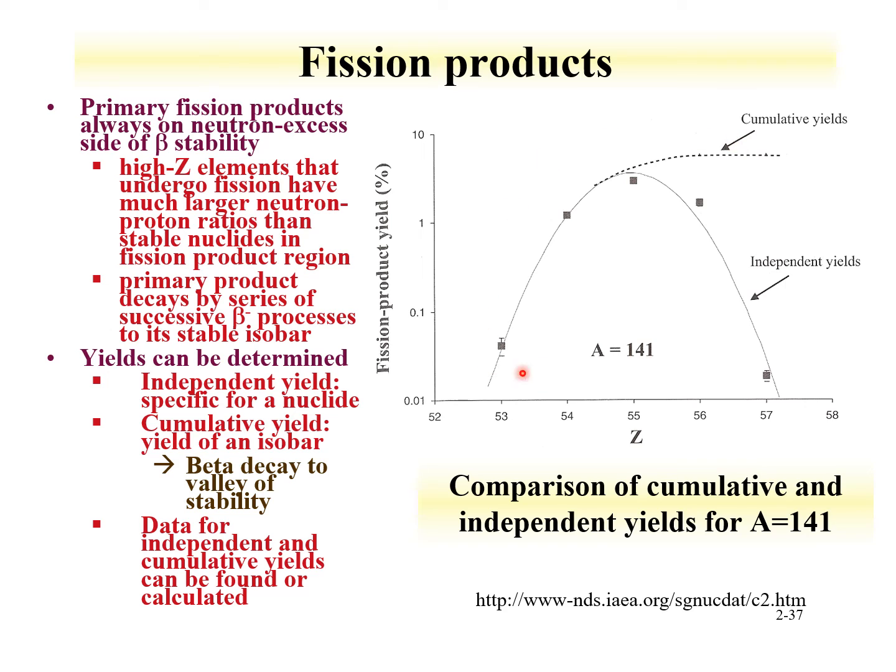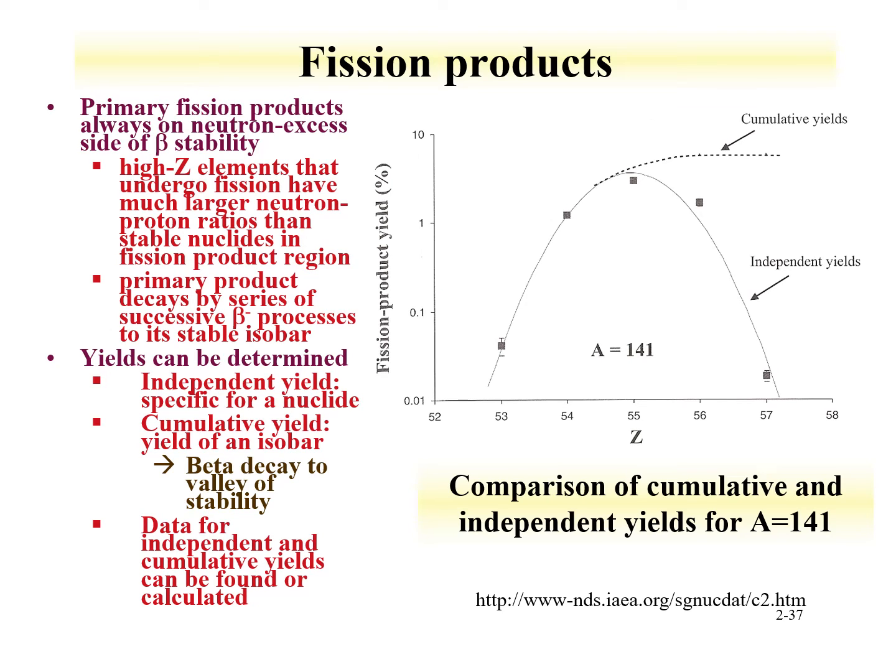For the most part, we've been working with the cumulative fission yields, which is an integration of all the independent fission yields for a given isobar. As we can see, the independent yields need to be determined for specific nuclides. These can be difficult to determine, especially with radionuclide fission products that are relatively short-lived.